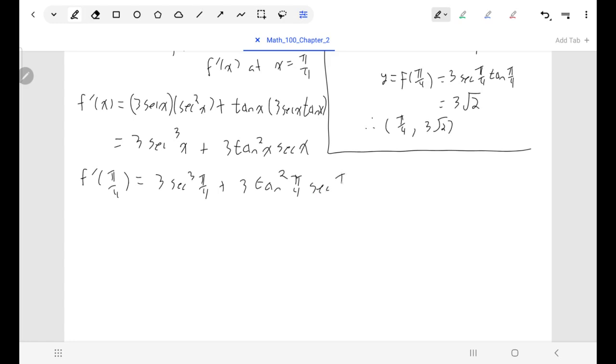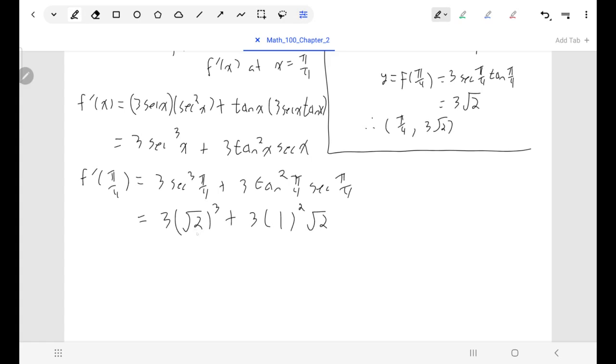Okay, and we've already evaluated secant and tangent at these values before. I know that secant of pi over 4 is square root of 2. So I would have 3 times square root of 2 cubed plus 3 times tangent of pi over 4 is 1. So 3 times 1 squared times square root of 2.